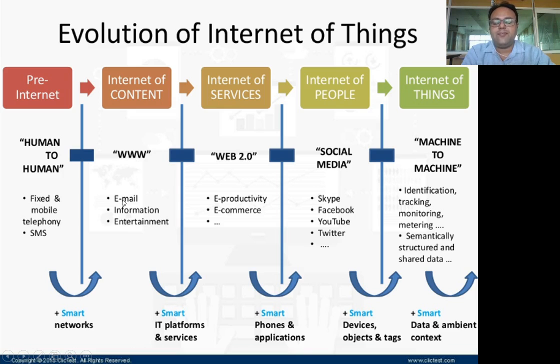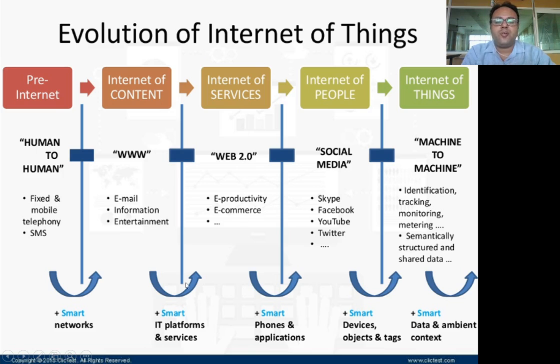With that, we were able to communicate efficiently with the help of emails and other entertainment media. And then this network advanced with Web 2.0 architecture, and now it is Web 3.0 with different types of web services. We are using it for different purposes like e-productivity, e-commerce, etc.